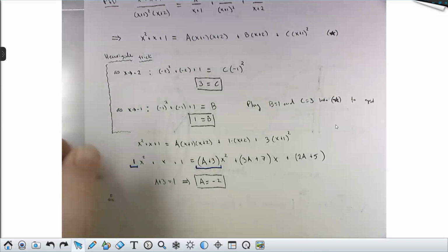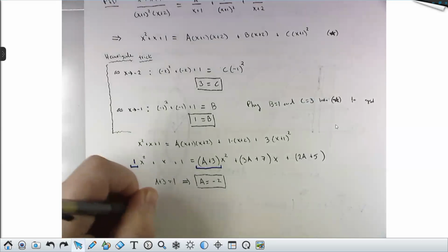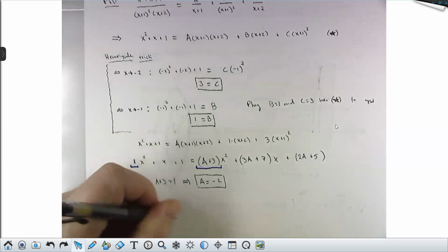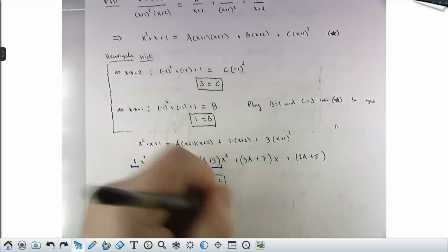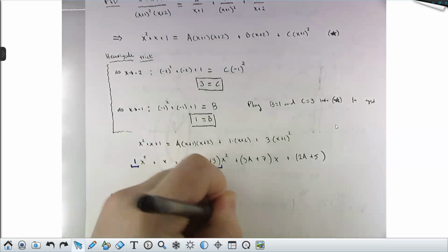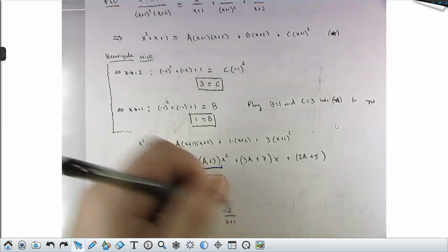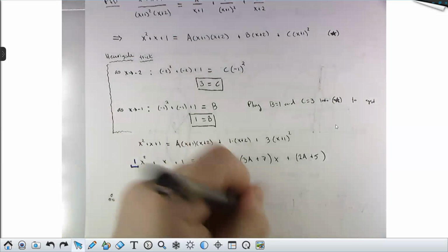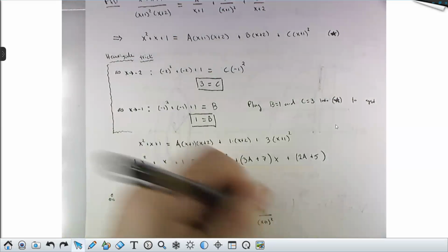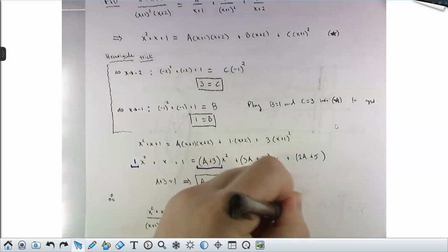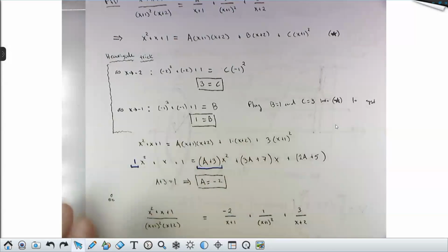So my function is equal to a over x plus 1, that's negative 2 over x plus 1, plus b over x plus 1 squared, that's plus 1 over x plus 1 squared, plus c, which is 3 over x plus 2.